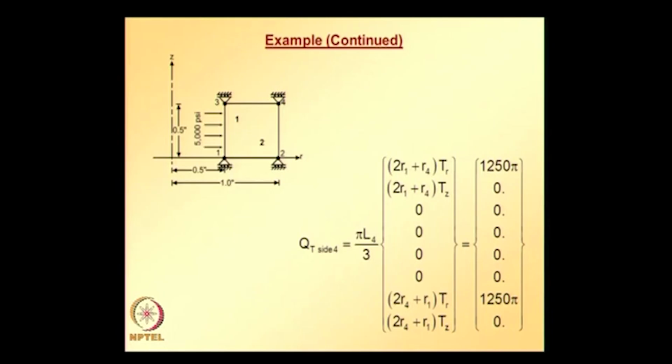So, substituting the coordinates corresponding to all the 4 nodes for this particular element, and the traction components in the radial direction and axial direction, we get finally this equivalent nodal load vector.